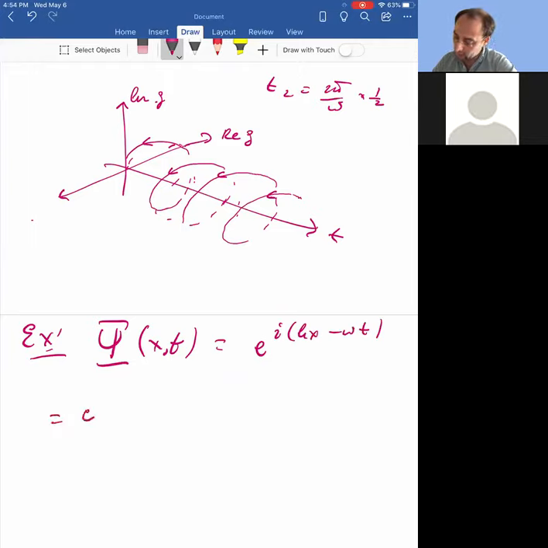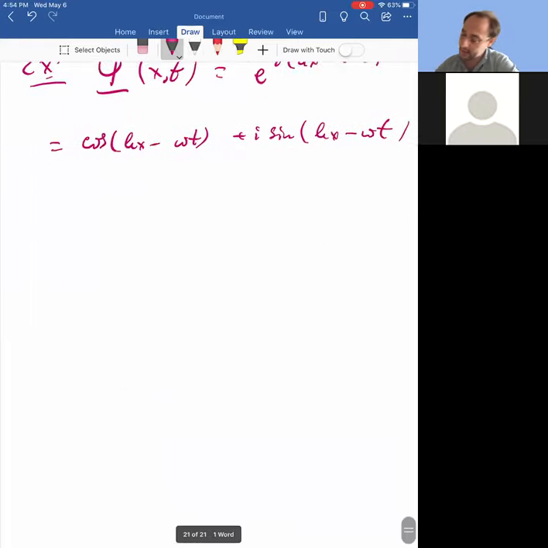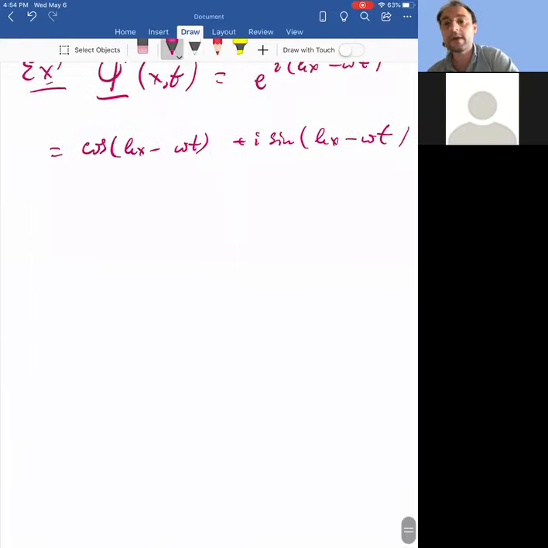Well, that's cosine of (kx minus omega t) plus i sine of (kx minus omega t). So now the real and imaginary parts of psi represent traveling waves. At any moment of time, it's a spatial wave shifted by some phase constant, but that phase constant itself changes.